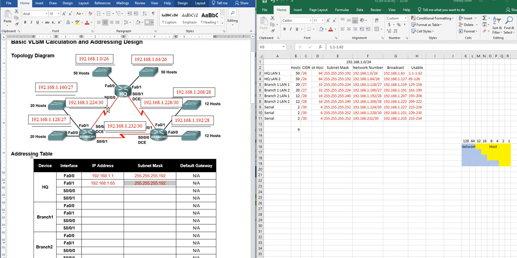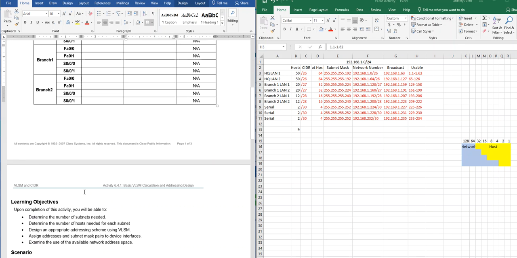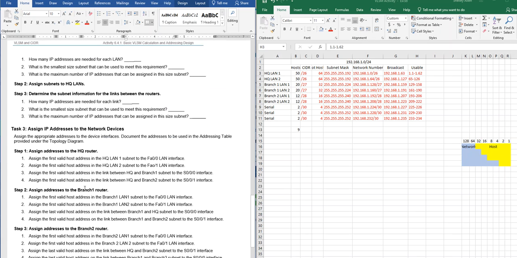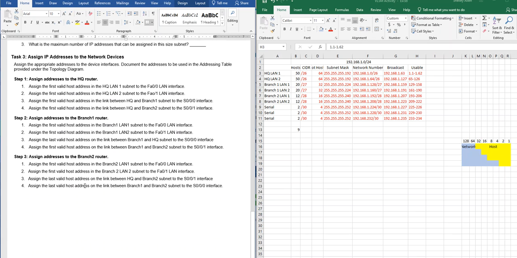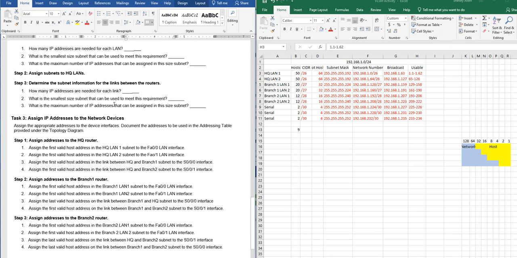Okay, for the serial, we know that the whole network address is the 224. Let's see, they tell us what to use for that. Okay, the first valid host address in this link to the S0/0/0 interface.